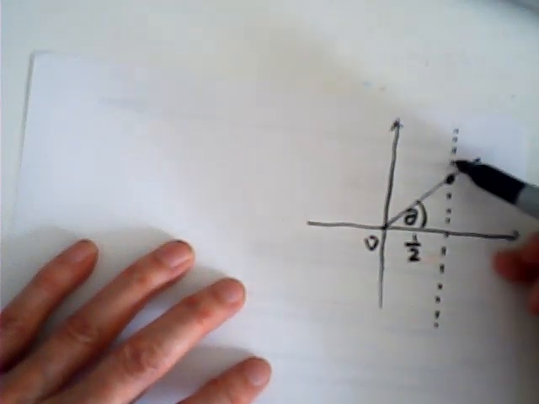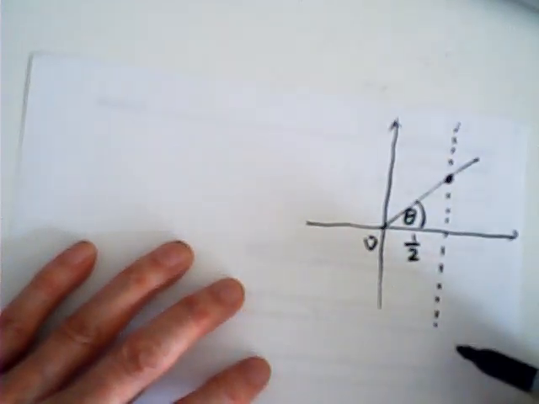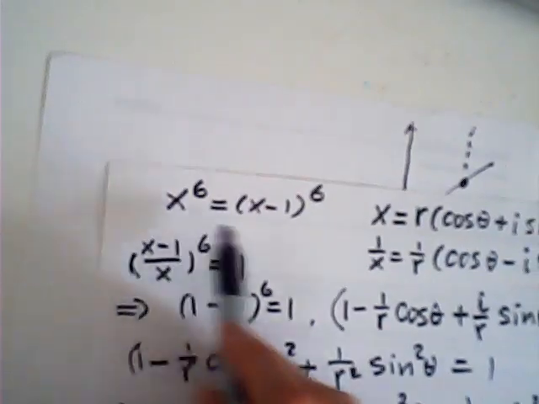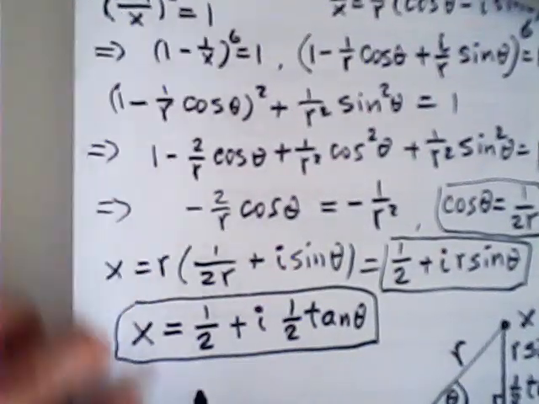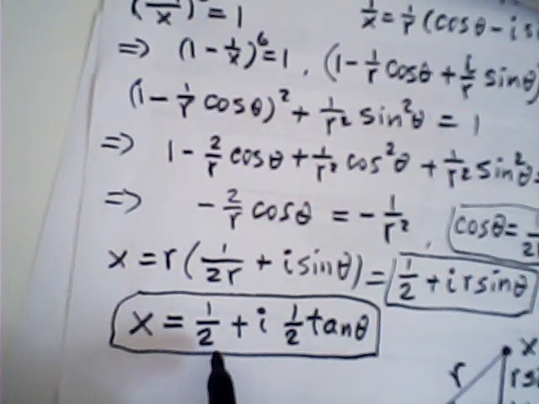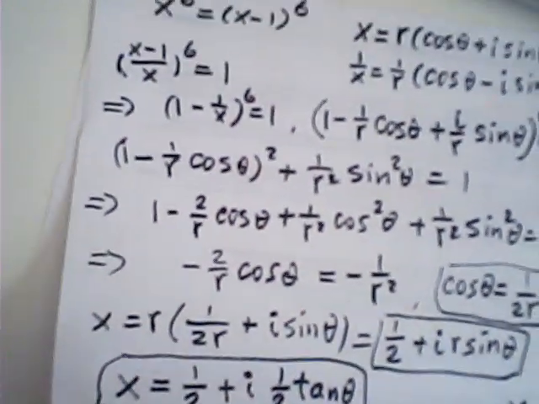X is here, or here, or there, x is on this vertical line. We are looking for x, right? X is of this form: real part half, and imaginary part half tangent theta.